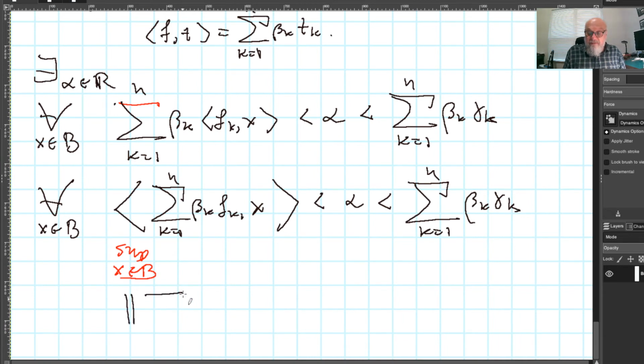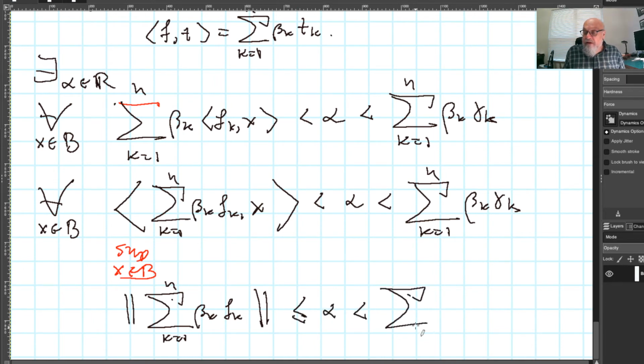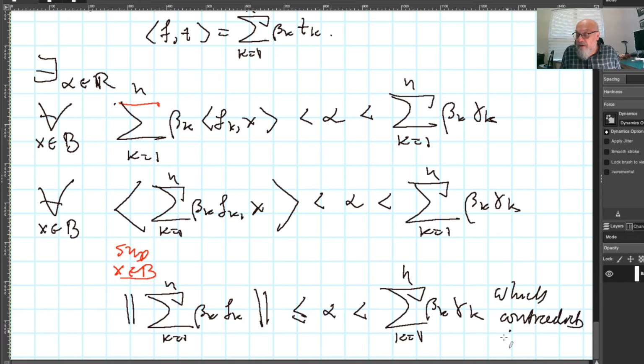So that becomes simply the norm of the sum k equal 1 to n of beta k fk, and then norm, and this one is smaller or equal than alpha, smaller than the sum k equal 1 to n of beta k gamma k, and that implies a contradiction with the assumption on B. So that means we proved the lemma 1.